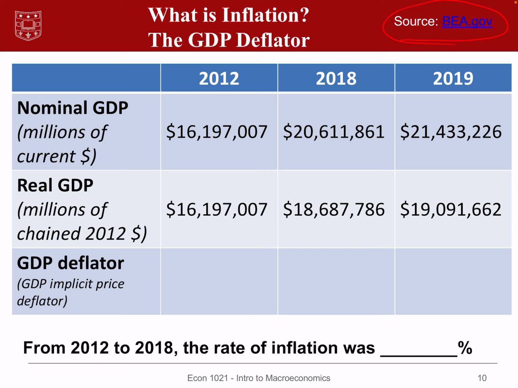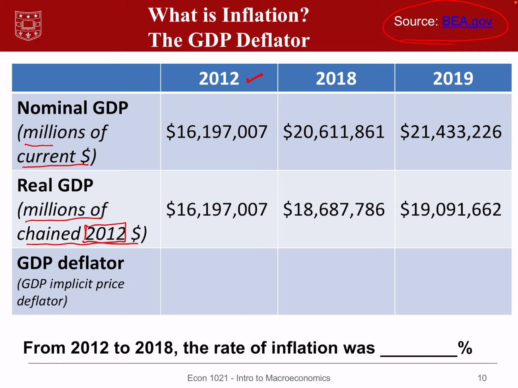So we have nominal GDP in 3 years, 2012, 2018, 2019, and real GDP. Notice that nominal GDP is expressed in millions of current dollars. In real GDP, we have millions of chained dollars, where 2012, that's why I picked it, is the base year, if you will. So by construction in this chaining mechanism for calculating the average price level, we declare 2012 to have a deflator measure of 100.